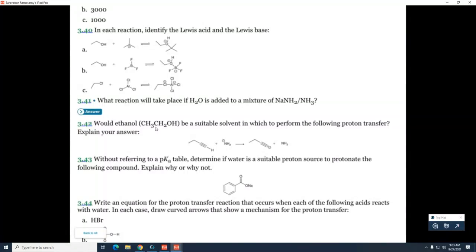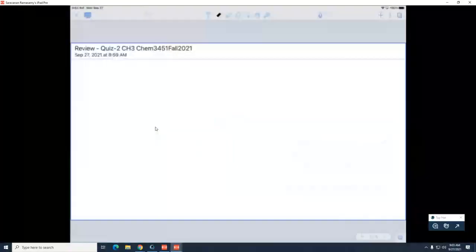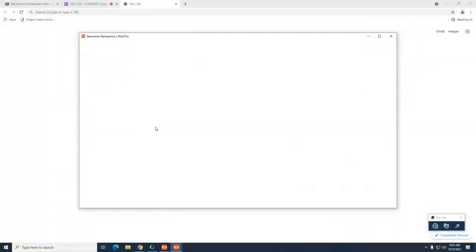So let me copy this reaction to my notes here. 3.42 from the back of chapter 3.